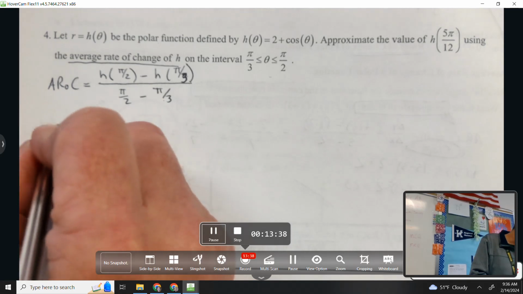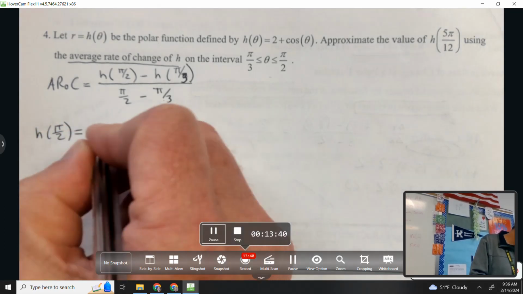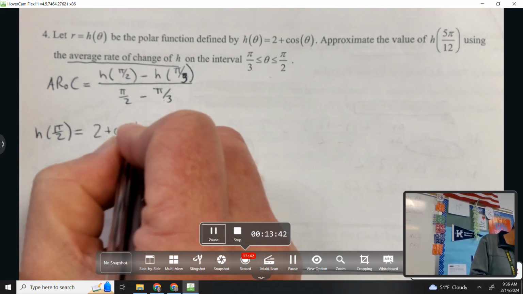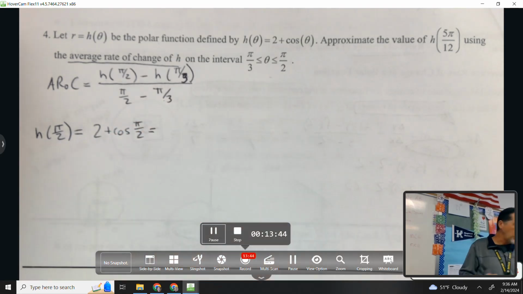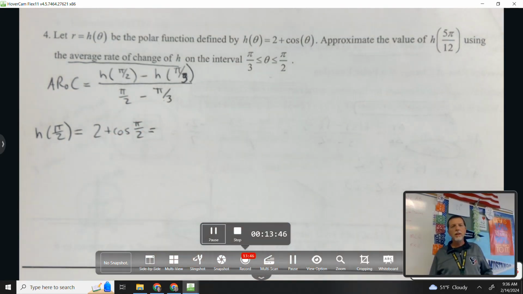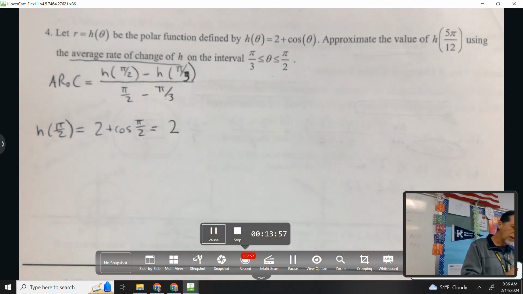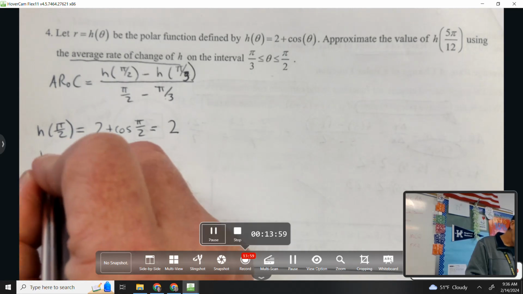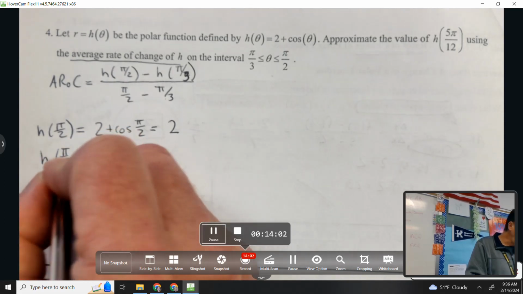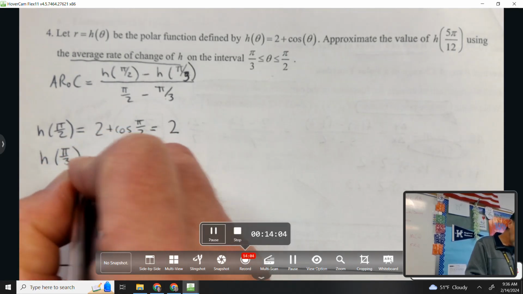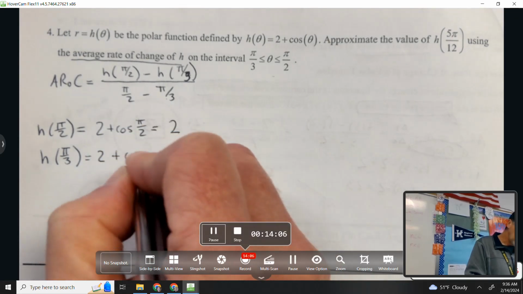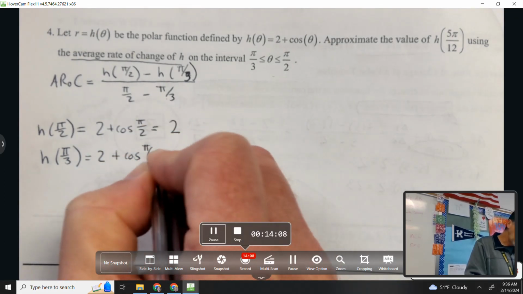So let's see, h of pi over 2 is 2 plus cosine pi over 2. Let's see if they gave us nice numbers to work with or not. Well, that's definitely a nice number, because cosine pi over 2 is 0, right? So that's just 2. h of pi over 3 is 2 plus cosine pi over 3.